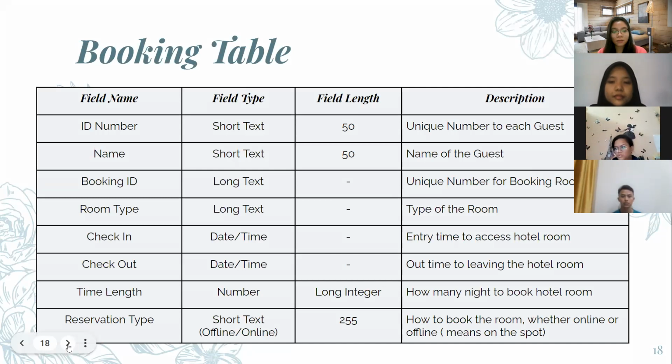In this, we have the booking table. As you can see, we have field names, which consist of ID number, name, booking ID, room type, check-in, check-out, time length, reservation type, and each field type, field length, and description in the next columns that describe all the field names in the booking table.